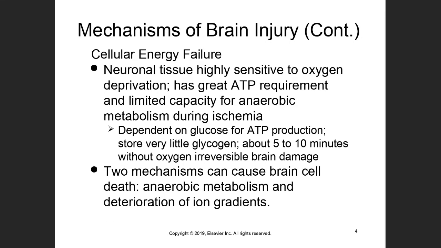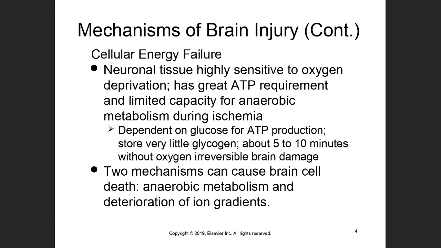Cellular energy failure. Neuronal tissue is highly sensitive to oxygen deprivation, has a great ATP requirement, and has limited capacity for anaerobic metabolism during ischemia. It depends on glucose for ATP production and stores very little glycogen. About 5 to 10 minutes without oxygen causes irreversible brain damage.